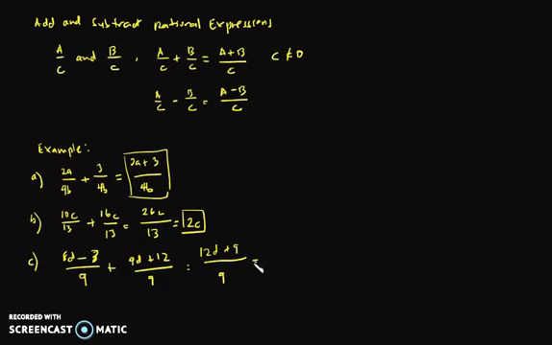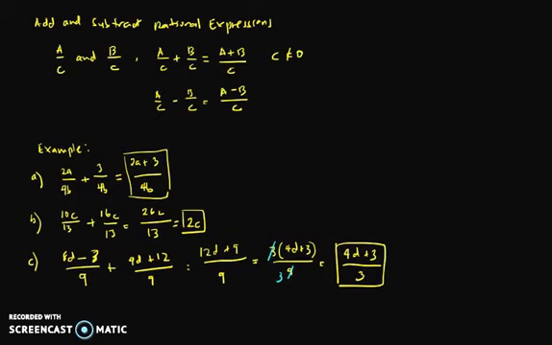We can still factor the numerator by 3, which gives us 4d plus 3 over 9, and again we can cancel 3, which leaves 3 in the denominator. So the final answer is 4d plus 3 over 3. I hope you find these examples pretty easy.